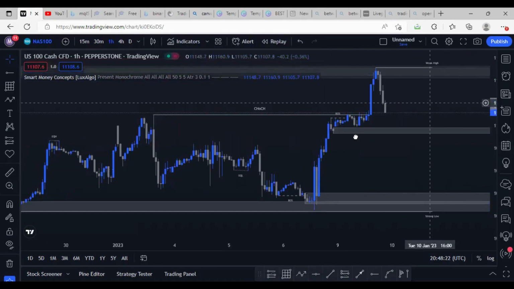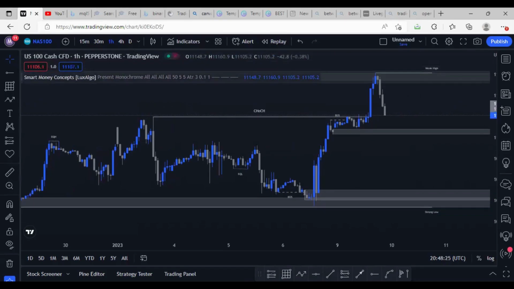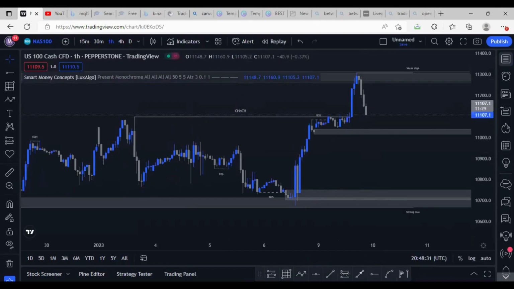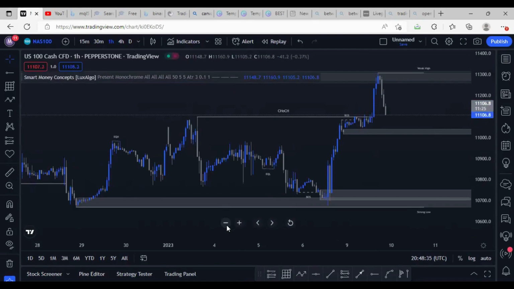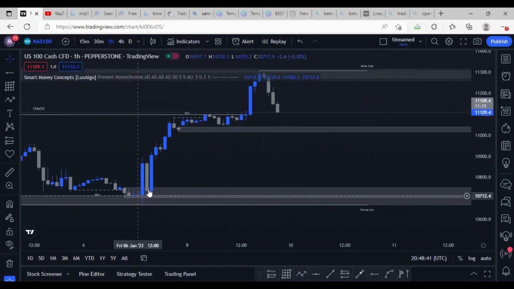For those who do not know the Lux Algo SMC indicator, make sure that you go back and view my videos, guys. I explained this indicator pretty well. So as you can see right here, where we took our entry, this is another order block that was created on a lower time frame.